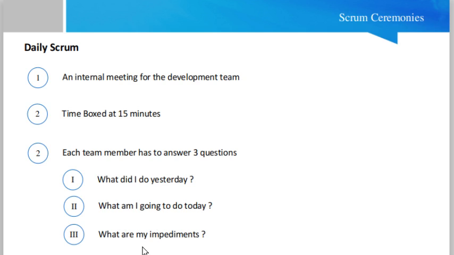It is the responsibility of the Scrum Master to look into those issues and resolve the issues that the Scrum team or development team is discussing.